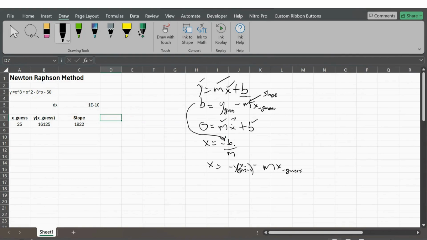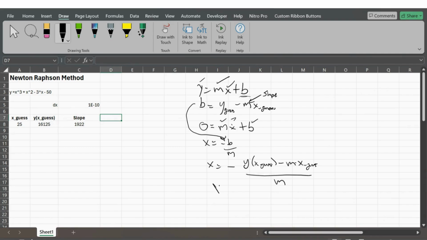That's b. It should be negative b actually, so I'm going to do this. Actually, I'm going to rewrite the whole thing because that was nasty looking. X equals negative b, which was y of x guess, the first x guess that we did, minus m times x sub guess, all over m, which we know.